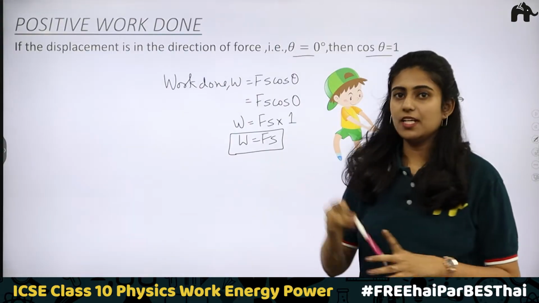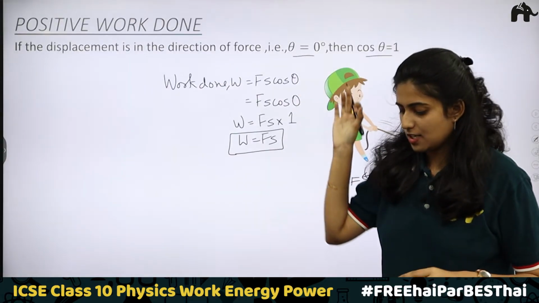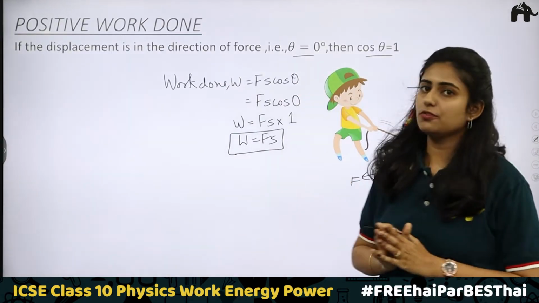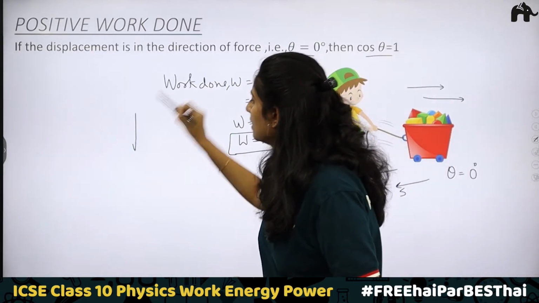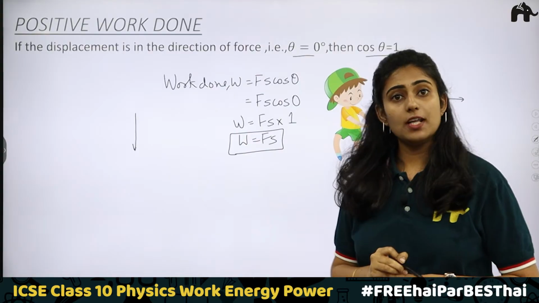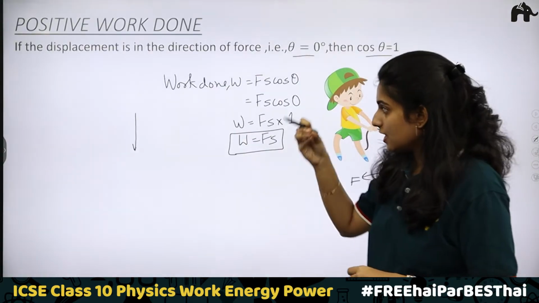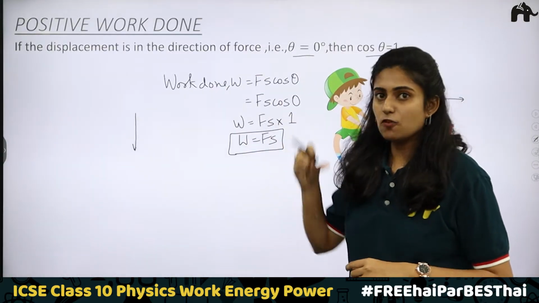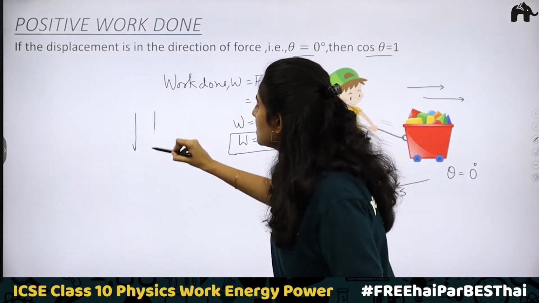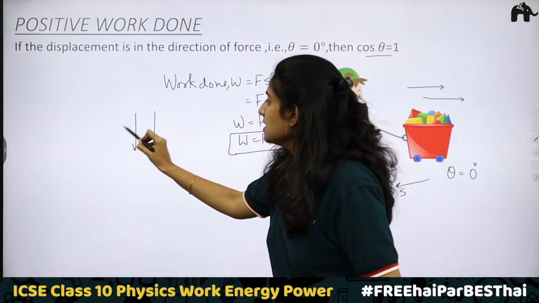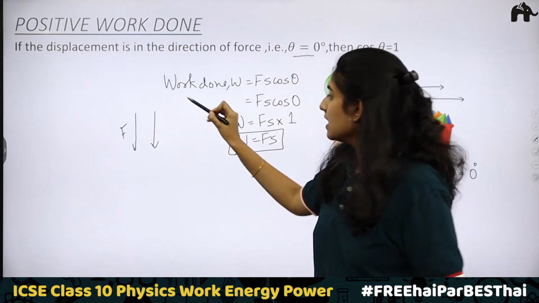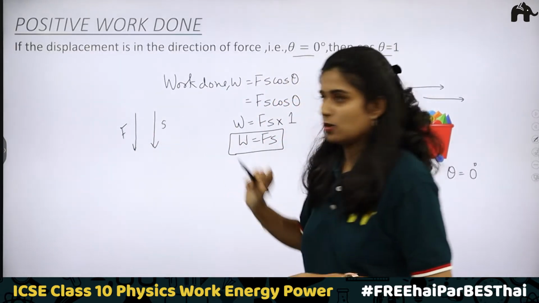Consider another example. Here I have a pen in my hand and I am dropping it down. In which direction was the force applied? To drop the pen, force is applied downwards. What about displacement? In which direction is the body moving? The pen has fallen down, which means it is also moving downwards. Here force is acting downwards and the displacement is also downwards.